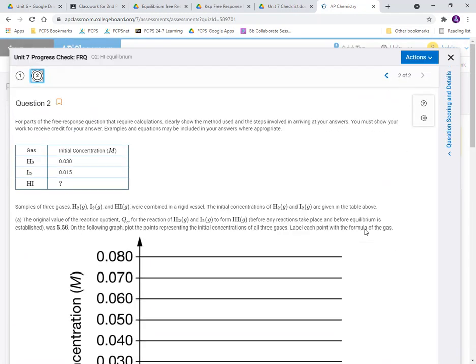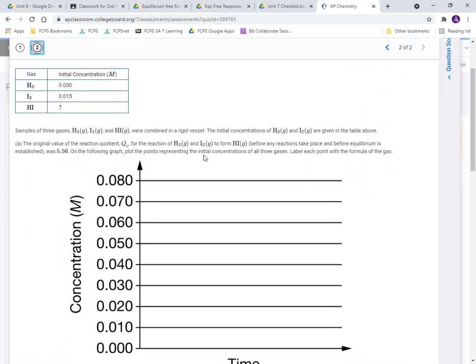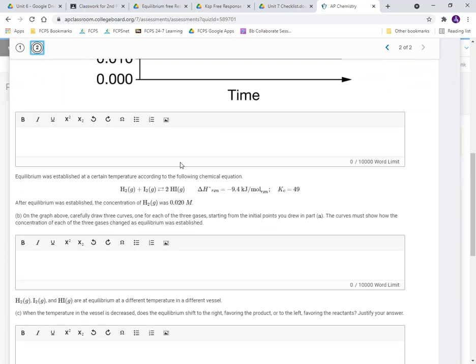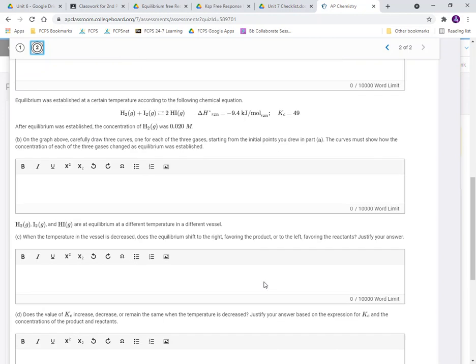Anywhere on here? So this is saying the original value of the quotient was, okay, so that one you're just deciding which way it's going to shift. On the graph, 3 curves. Draw those. Kc is 49.